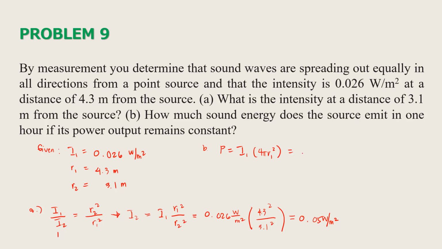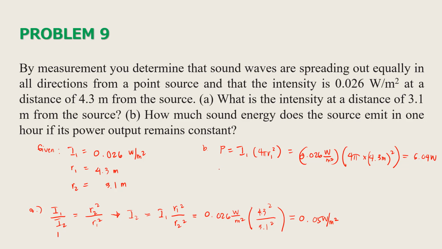So this is equal to 0.026 watt per meter squared multiplied by 4 pi, where R sub 1 is 4.3 meters squared. So we have power is equal to 6.04 watts.